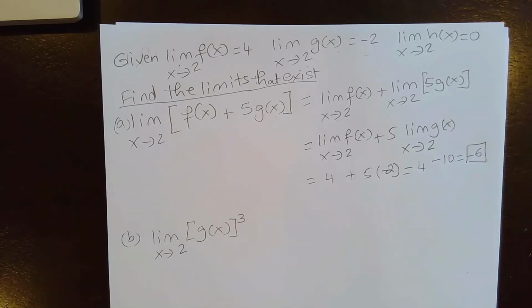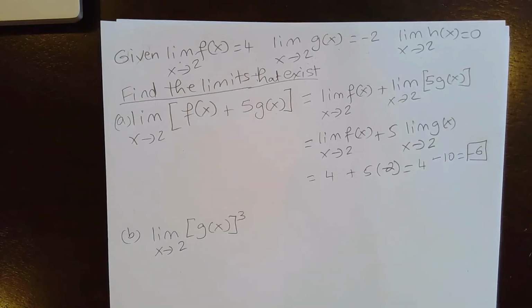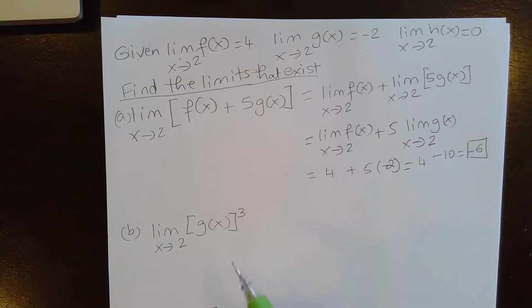Now let's take a look at part B. The limit of g of x cubed as x approaches 2, what is this? Well, we can use the power rule. The power rule states that you can take the limit inside here.